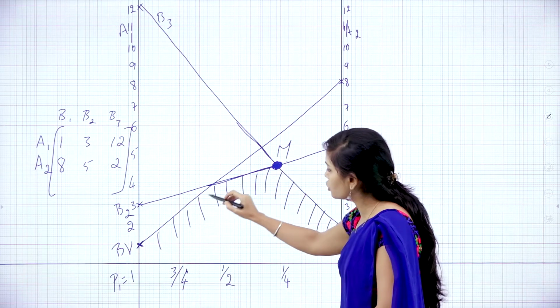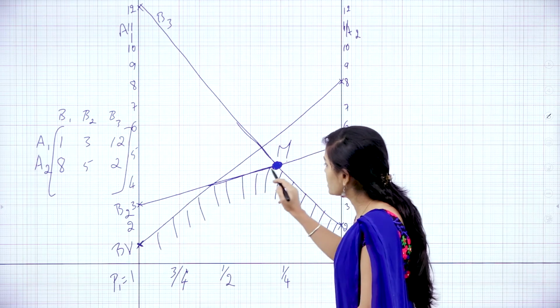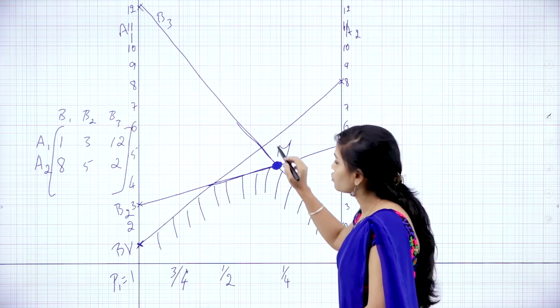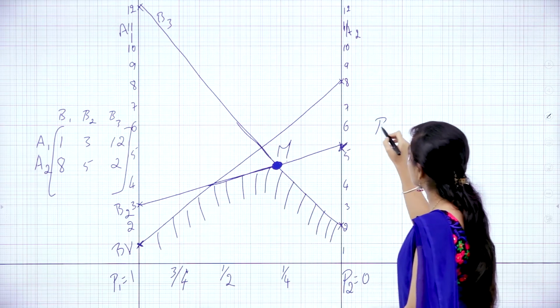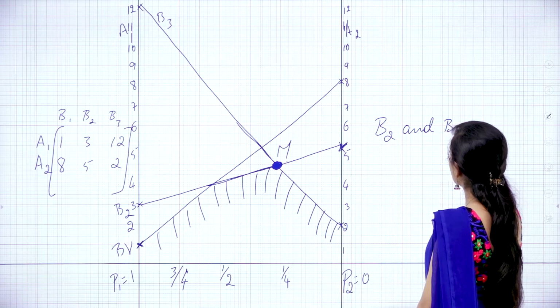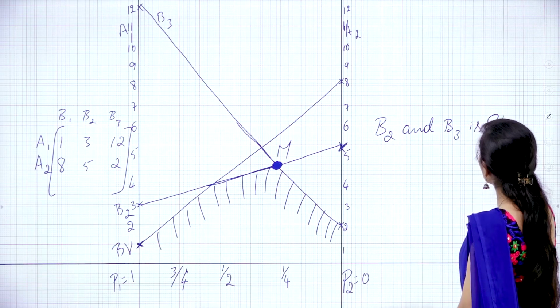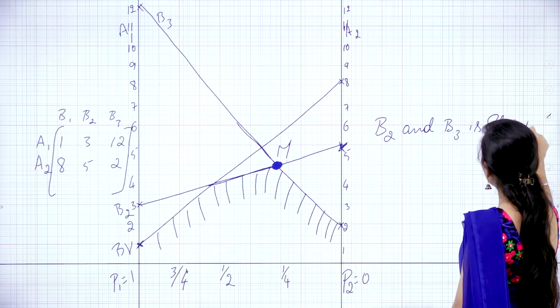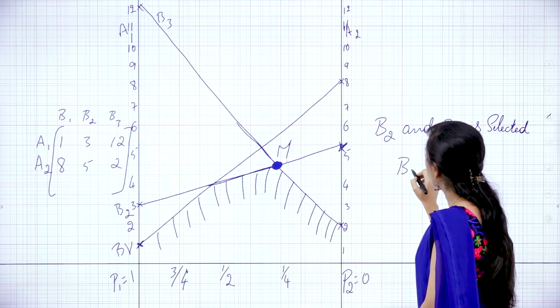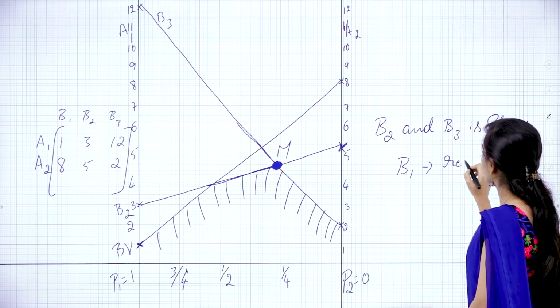B1 is not connected, but B2 and B3 are connected to this maximum point. So B2 and B3 are selected and the remaining one, B1, is rejected.